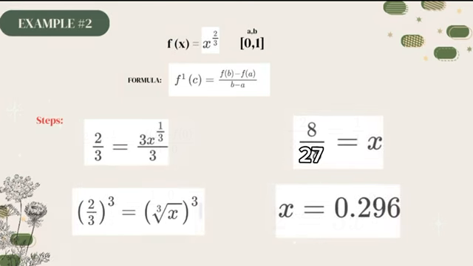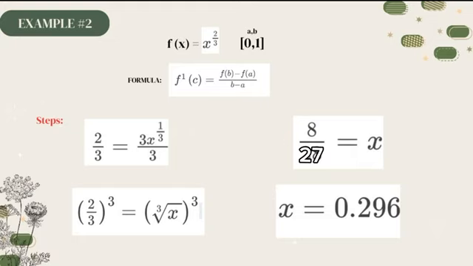After that, we divide both sides by 3. And maka-cancel yung 3, which is the result of 2/3 equals x raised to 1/3, which is the same as the cube root of x. And to get rid of the cube root symbol, we cube both sides. And the result will be 8 over 27 equals x.